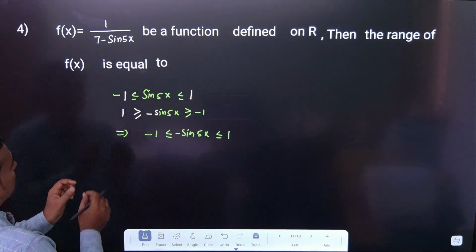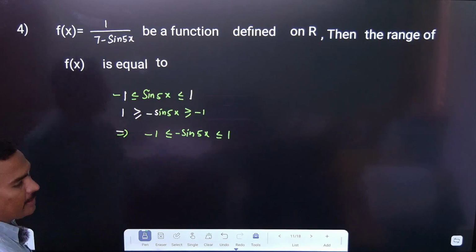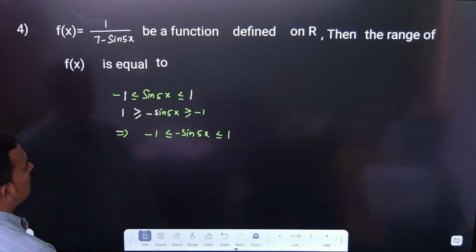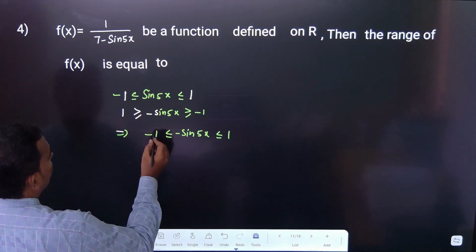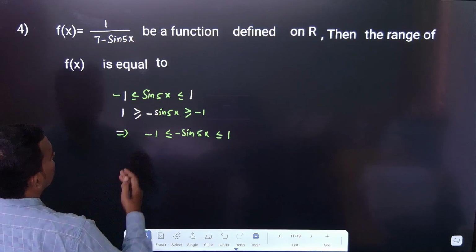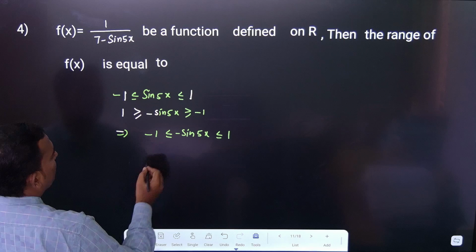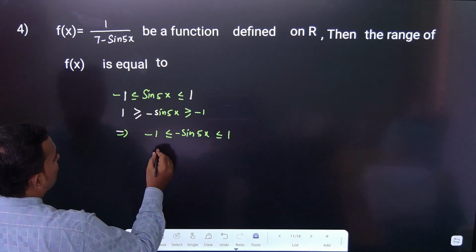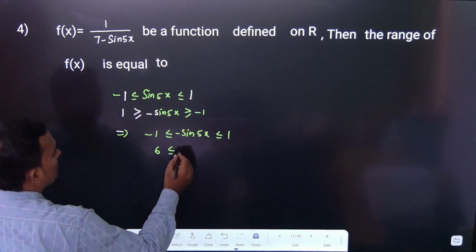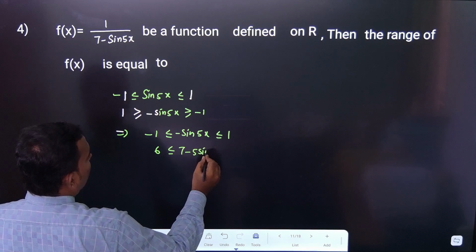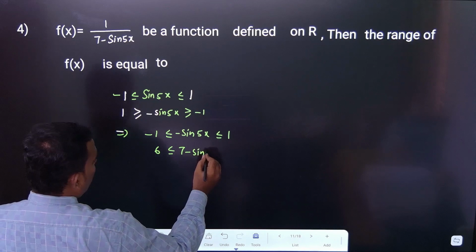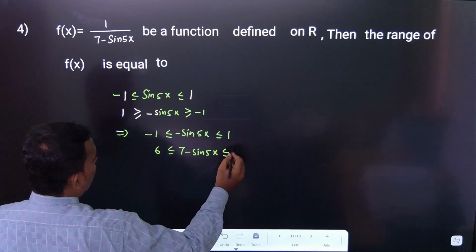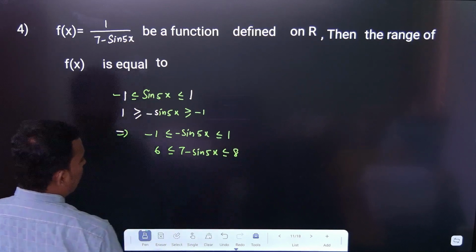Okay. So when you multiply by negative 1, the inequality will be changed, right? Then after that, you can add 7 on both sides. Okay, if you take 7, 7 minus 1 is 6, less than or equal to 7 minus sine 5x, less than or equal to 7 plus 1, which adds to 8.